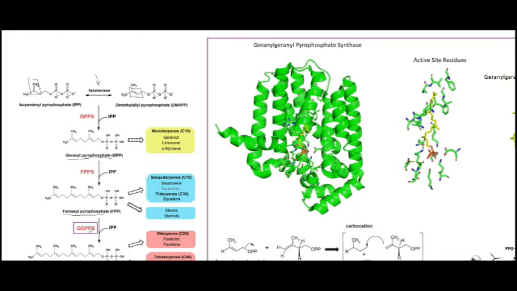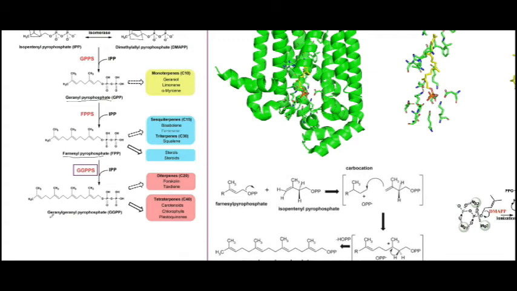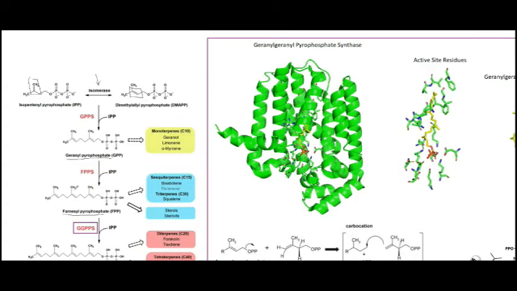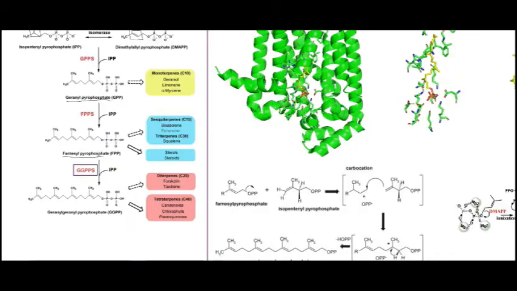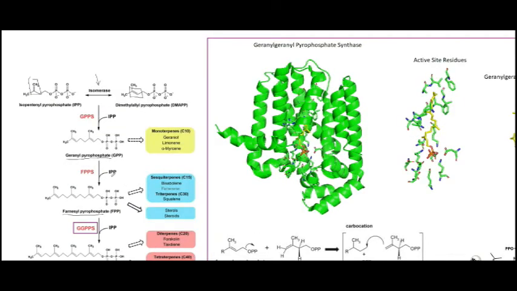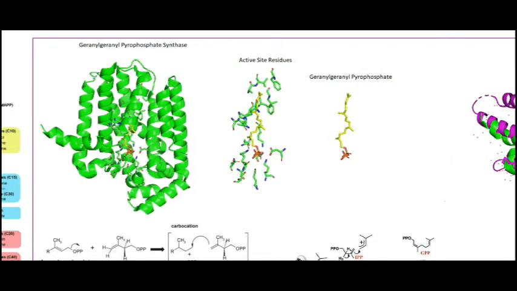Then we can add yet another one on to form this geranylgeranyl pyrophosphate. And so the steps on these are all similar, and that's why I am only highlighting a single enzyme in this step, and that is this geranylgeranyl pyrophosphate.